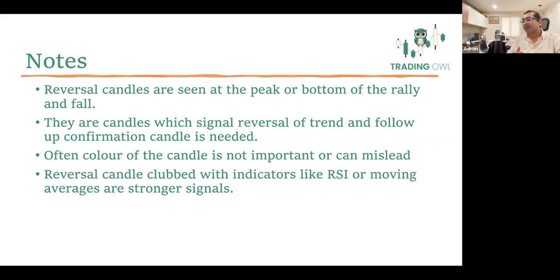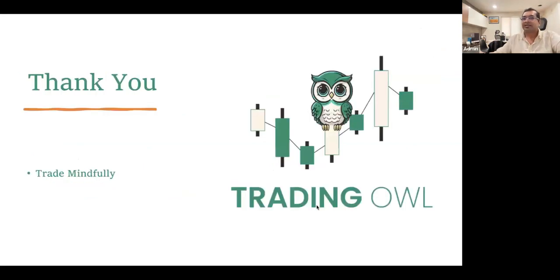So ignore the color of the candle; where it is placed is more important. A reversal candle clubbed with indicators like RSI or moving averages gives stronger signals. RSI and moving averages will help you reconfirm that particular reversal, like in the case of Nifty, where RSI bottomed out. So you can club these with indicators as well. So this is all for the single candle.